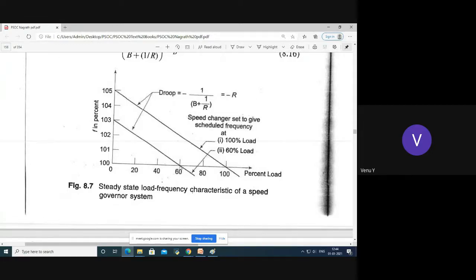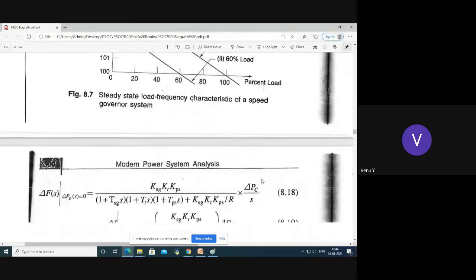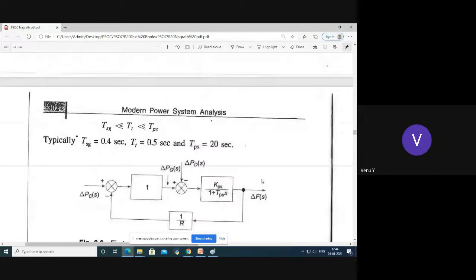Suppose 60% load is the base load, then you will adjust the line like that. At 60% load, you will get the nominal frequency of 50 Hz. If the load increases, it will fall down to a lower value.